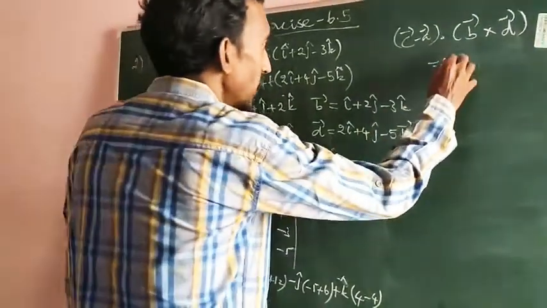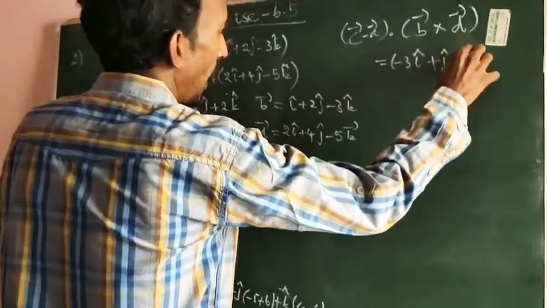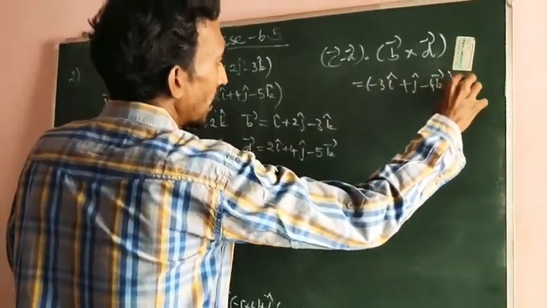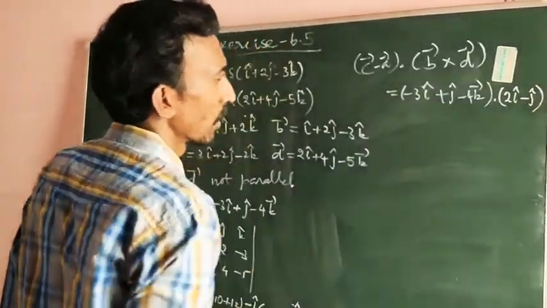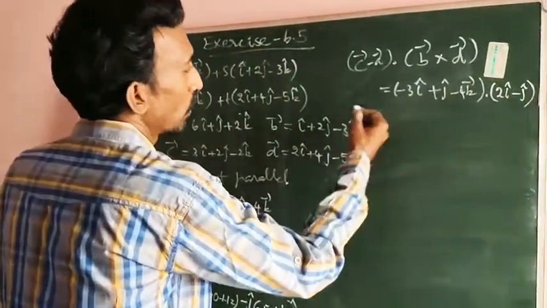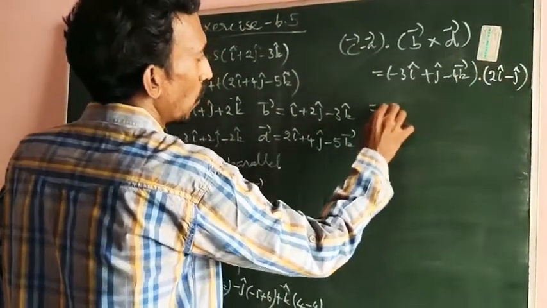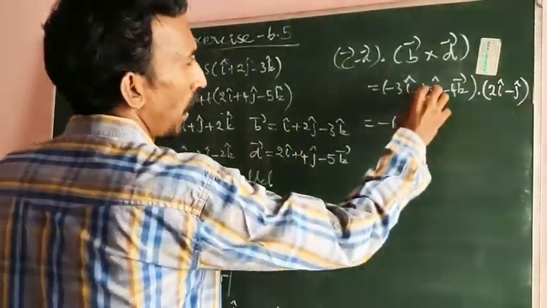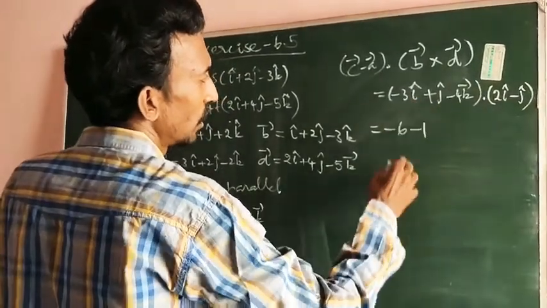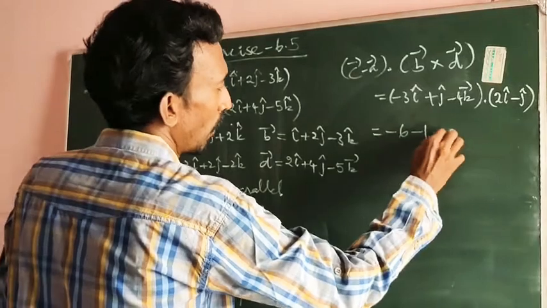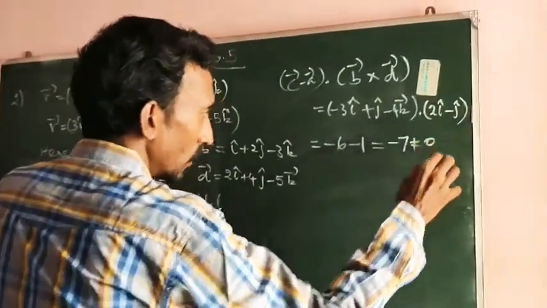C minus a is minus 3i plus j minus 4k, dot 2i minus j. Okay, so find the dot product. Minus 3 into 2 is minus 6, 1 into minus 1 is minus 1, 0 into minus 4 is 0. So we are getting minus 7, which is not equal to 0.